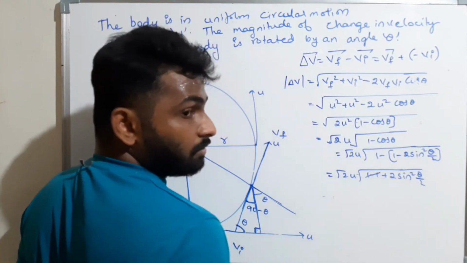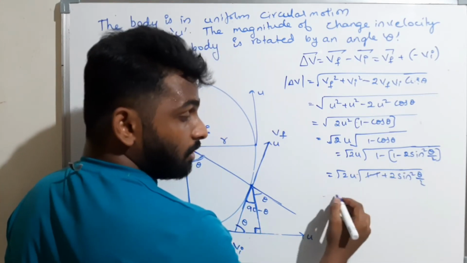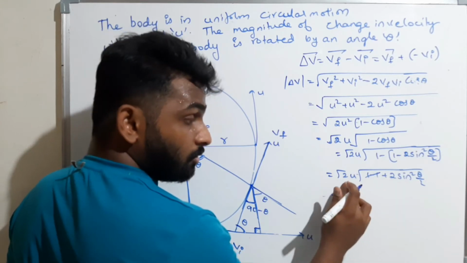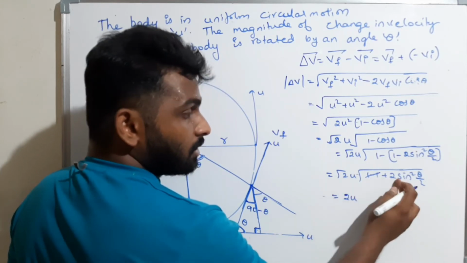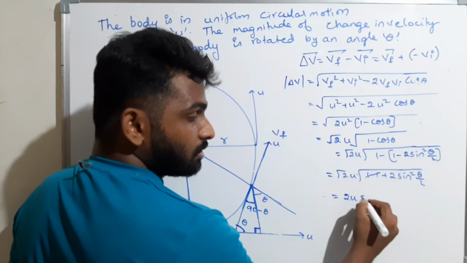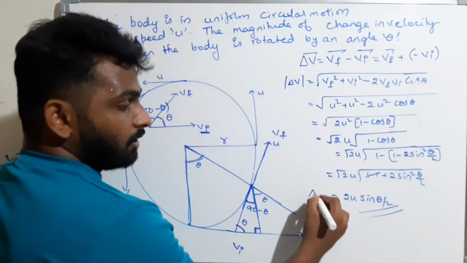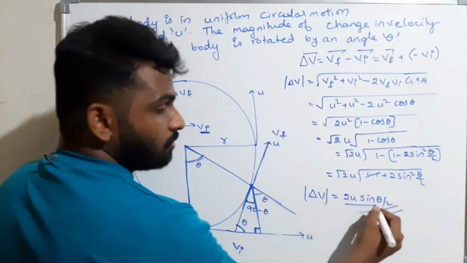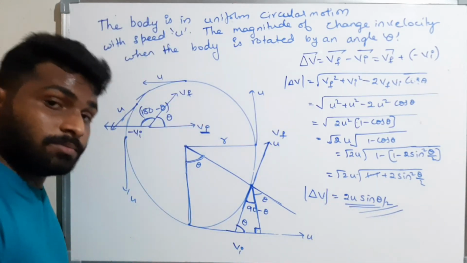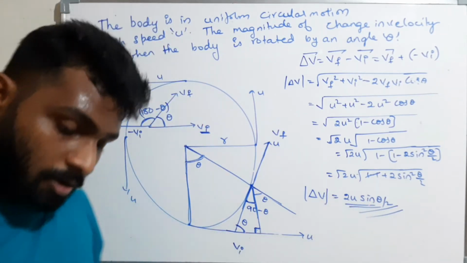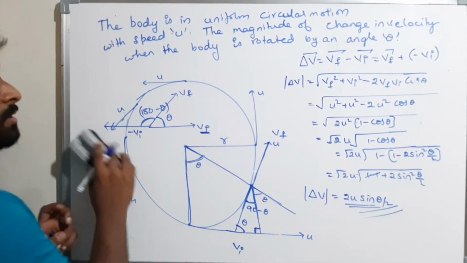Minus 1 plus 1 cancelled off. The 2 comes out, it becomes root 2. Root 2 into root 2 is nothing but 2. 2U sin square theta under root is nothing but sin theta by 2. Therefore, the magnitude of the change in the velocity is 2U sin theta by 2. That is the answer. Always remember this one.